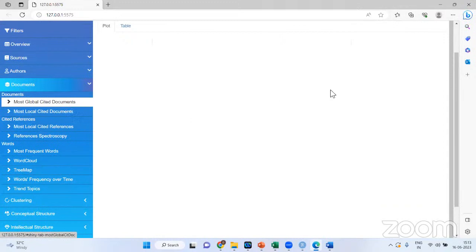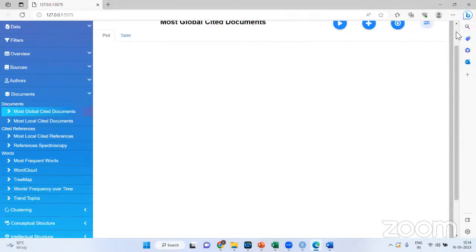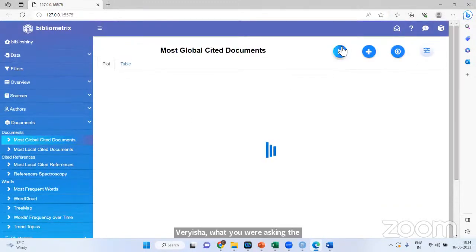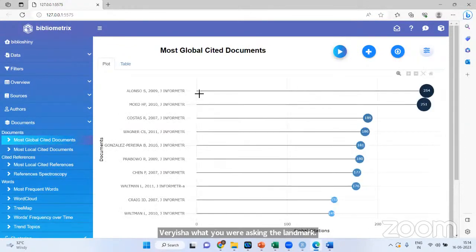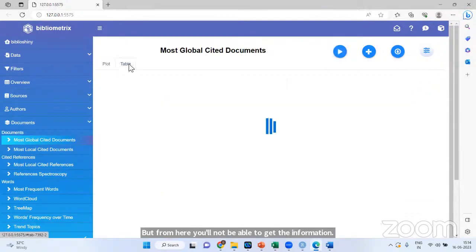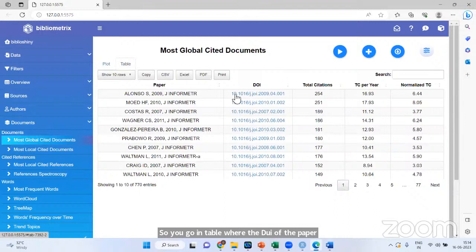Vidisha, what you were asking? The landmark. Right? But from here, you will not be able to get the information. So you go in the table where the DOI of the paper will be there. See this DOI. Just click it and it will directly take you to the paper.